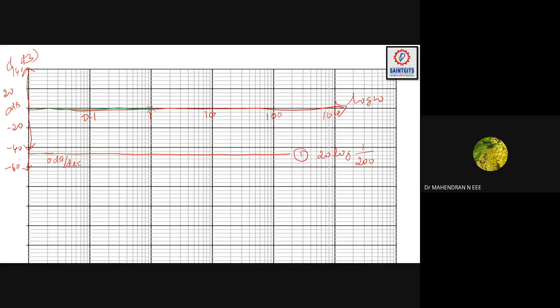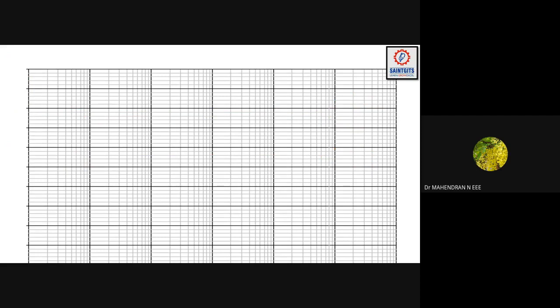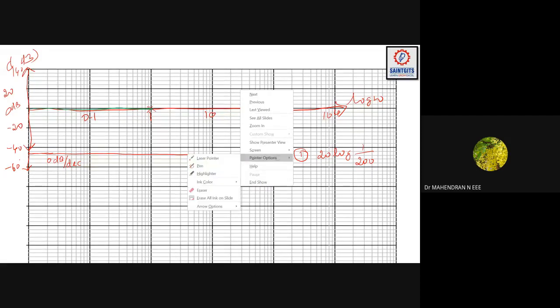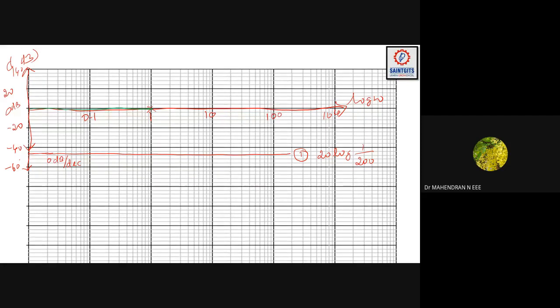This is coming down, because the change in slope is minus 20 dB per decade, because it's an integral function.